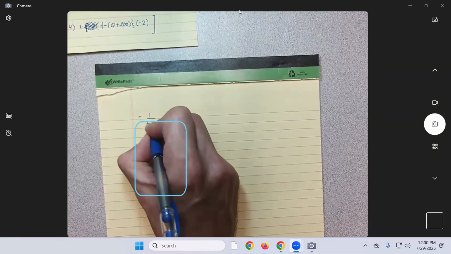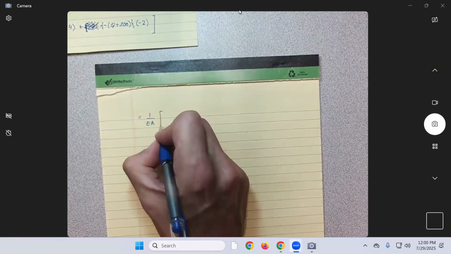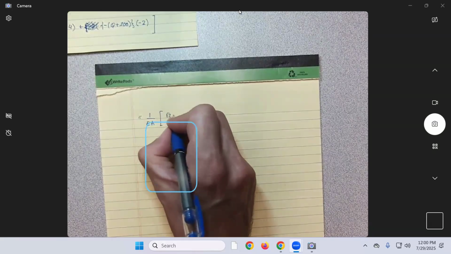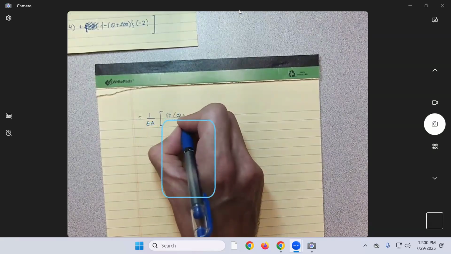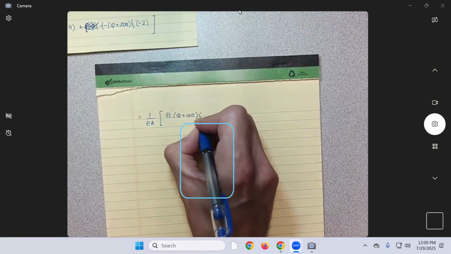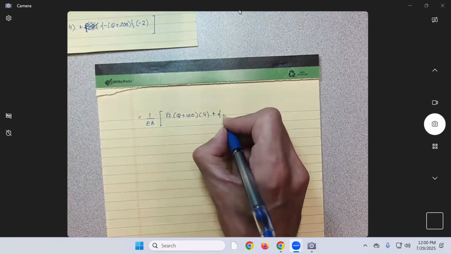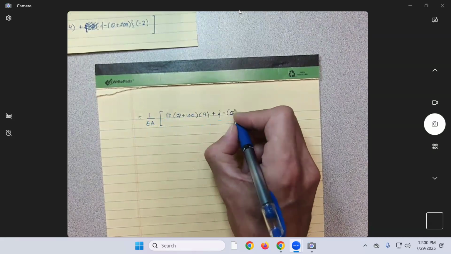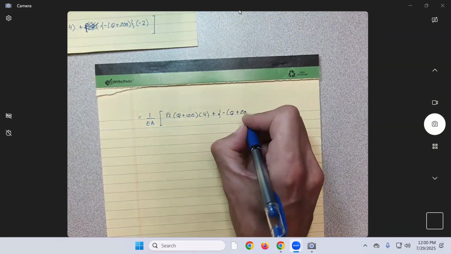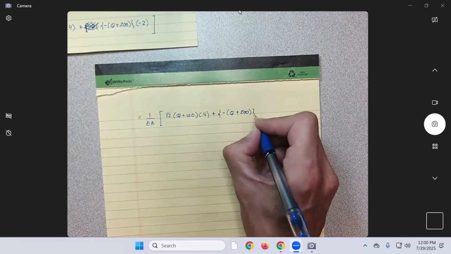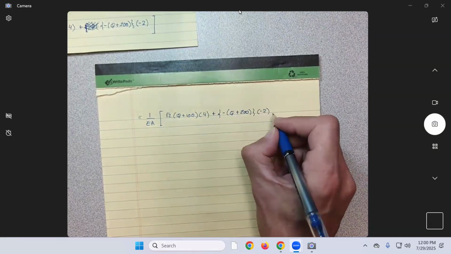1 over EA will be equal to square root of 2 Q plus 100 times 4 plus minus Q plus 200 times -2.